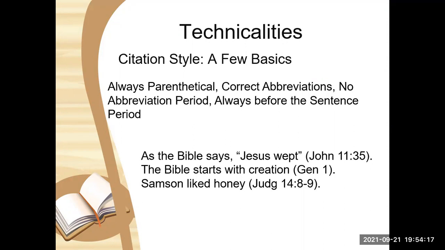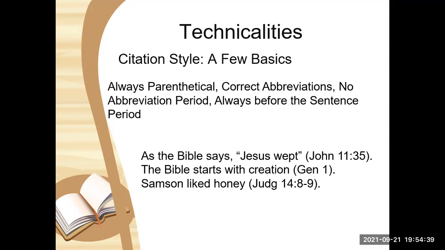There are some formats that require Gen period, then the number 1. We do not want a period in there. That's the SBTS way of doing it: no period within those biblical abbreviations. Again, like before, you see that the period comes after the parentheses.